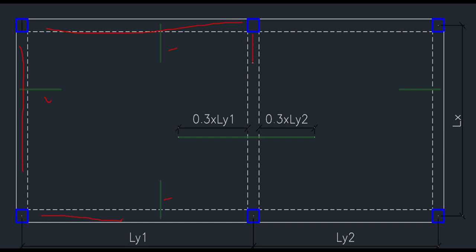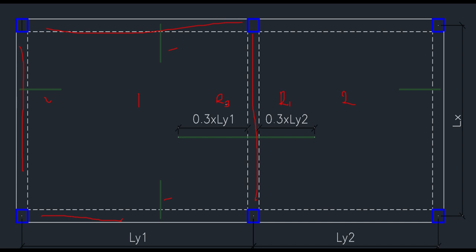But if you look at this end of the slab, there's another slab attached to it. So let's say this is slab 1 and this is slab 2. So the reinforcement here, which is the top reinforcement, if you look at the diagram, is going to be R3 for slab 1. And for slab 2 it is going to be R1, using the orientation that I explained earlier.